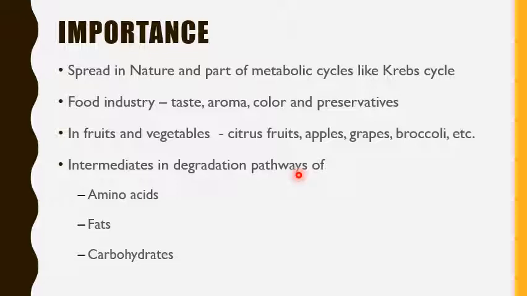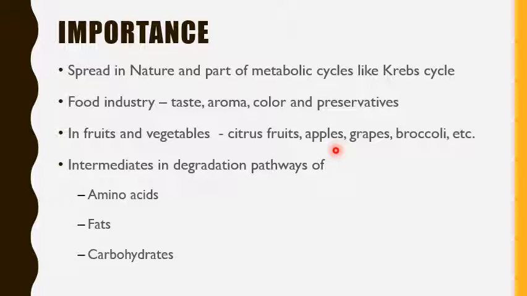I hope all of you must have drunk lemonade, or orange juice, pineapple juice, all these things. So citric acids are mainly the contents of citrus fruits such as lemon, orange, and many others, and even apples. Do you think why some apples taste sour? Have you ever felt it?